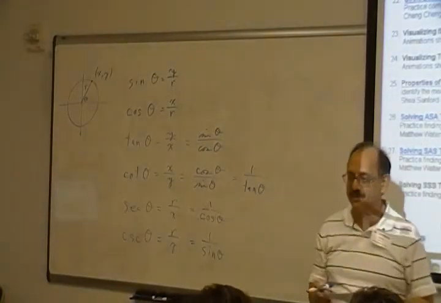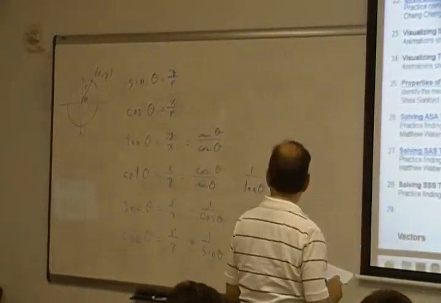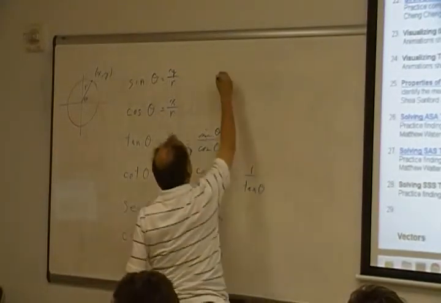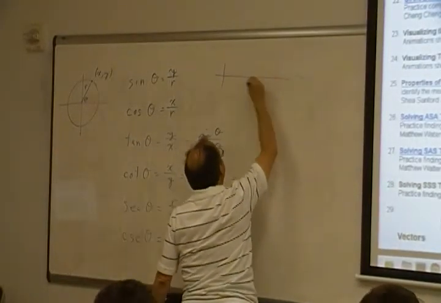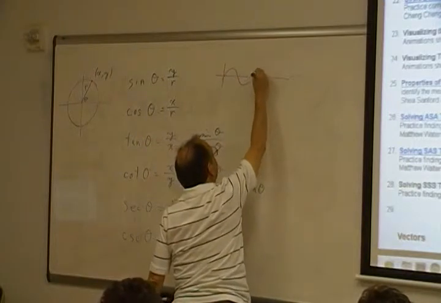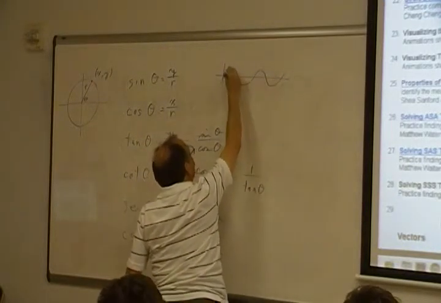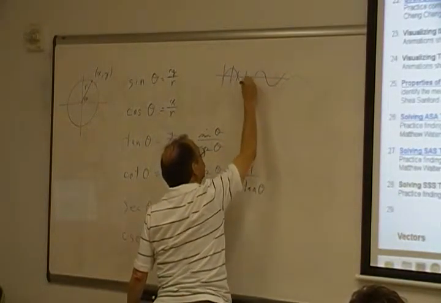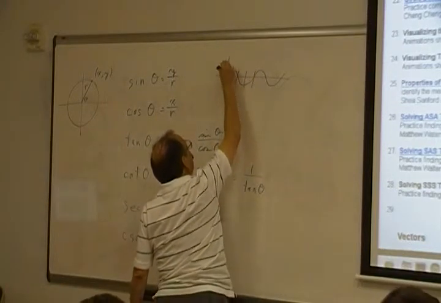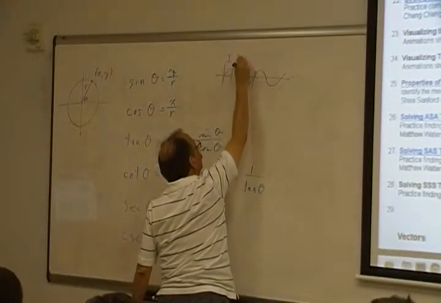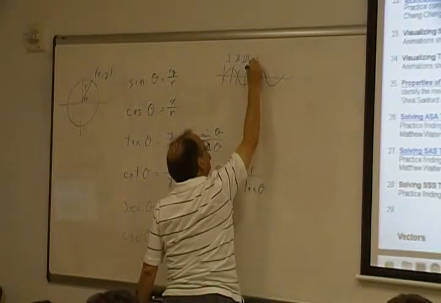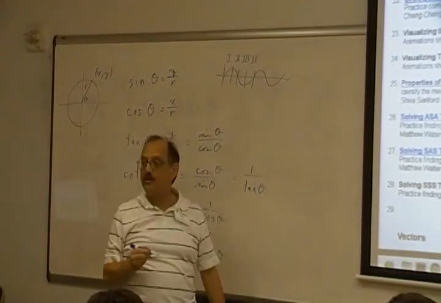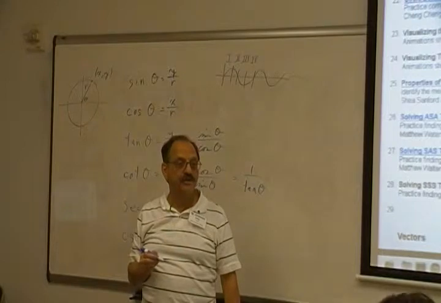Okay, quadrants. Let's take a look at the graph of sine and cosine. Sine graph looks like that. Okay? And there are 4 pieces here. First quadrant, second quadrant, third quadrant, fourth quadrant. Do you know what quadrant means? Who doesn't know?